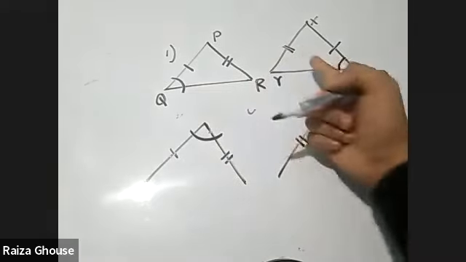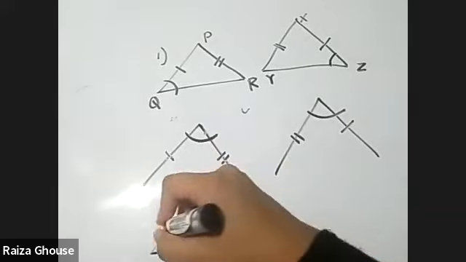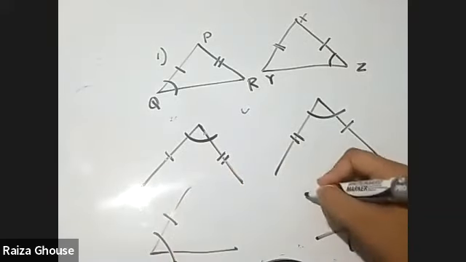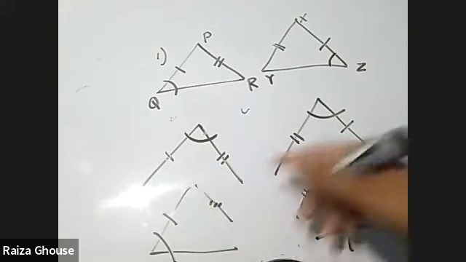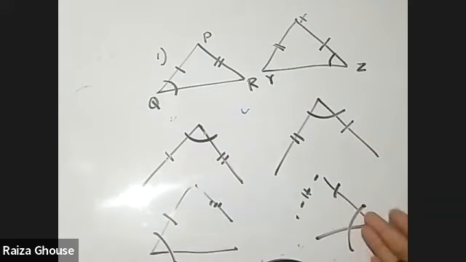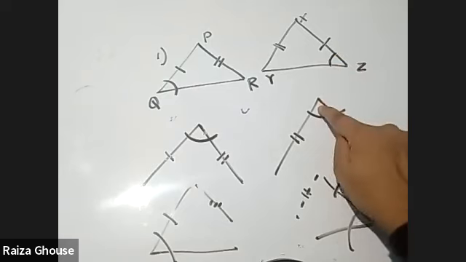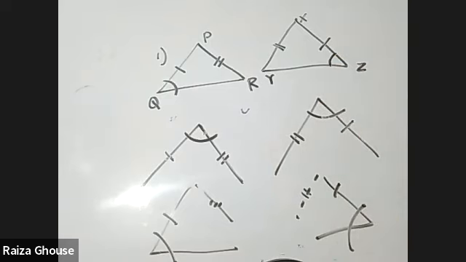But in these two triangles, the angle is included somewhere else. It's not included between these sides. Always remember, for two triangles to be congruent under the rule of angles, that angle should be included between the given two sides. Clear?